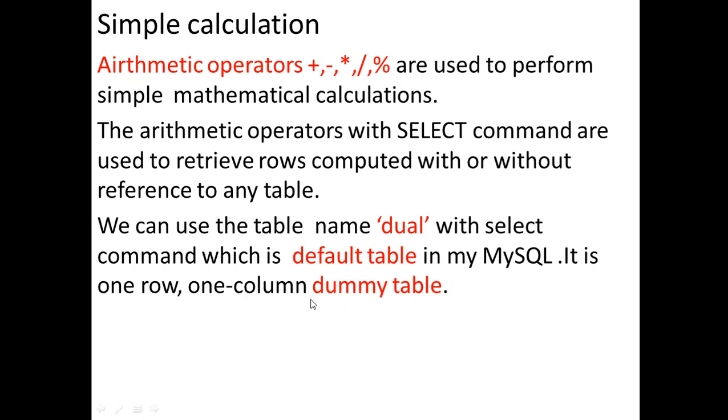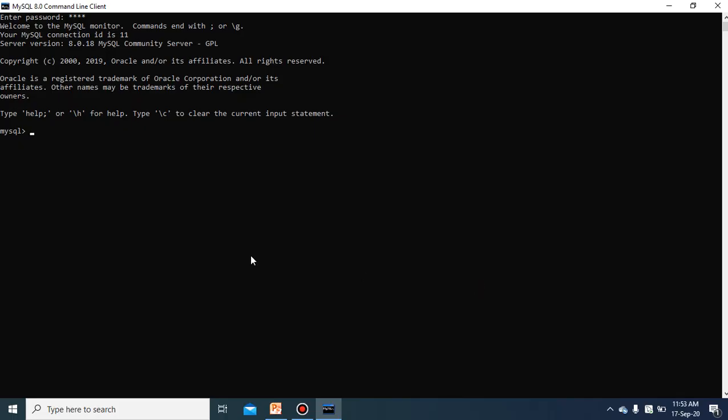So let's see how it will be done in MySQL for simple calculation. Suppose I want to multiply numbers. You need to specify the select command: select 234 multiplied by 9, and put the semicolon.